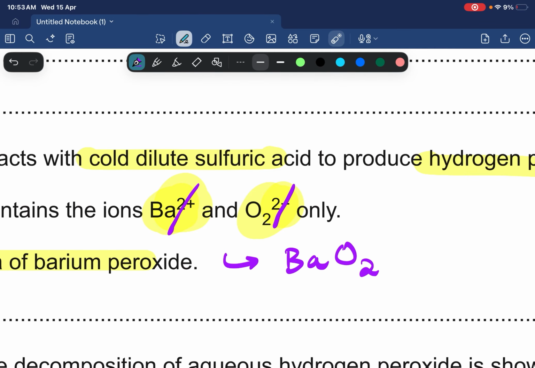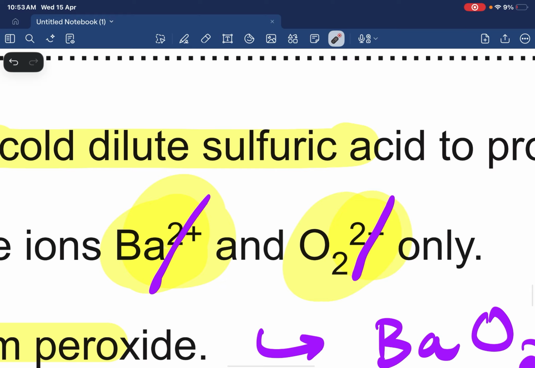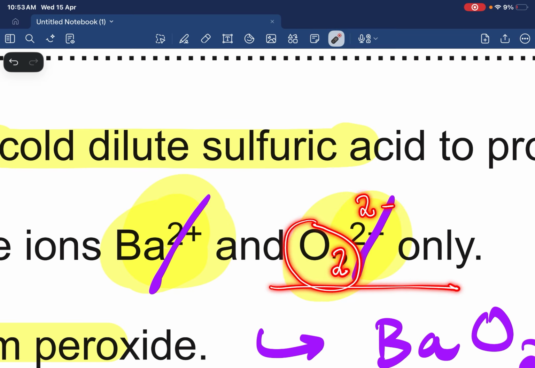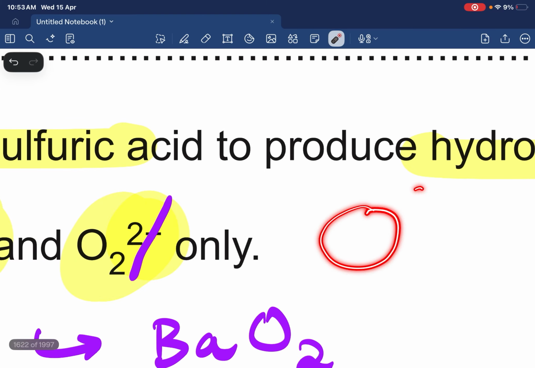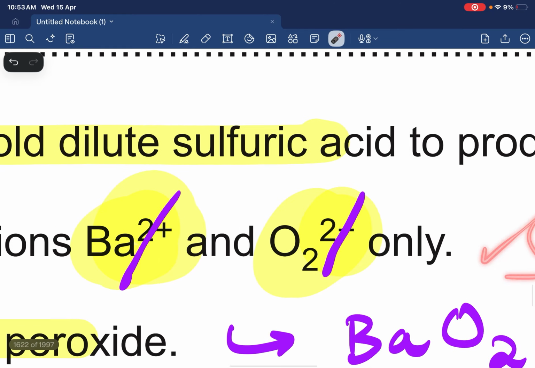Now what are people going to do? They're not going to realize one thing. This is O2, a peroxide ion. In a peroxide ion, you have O2 which has a charge of 2 negative. You guys know O has a charge of 2 negative. You're correct, that is a normal oxide ion. But this is not an oxide ion.